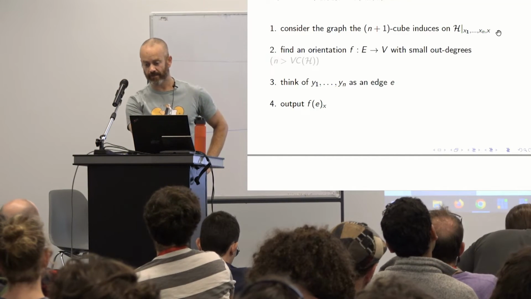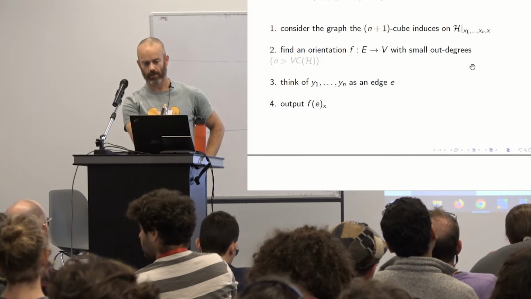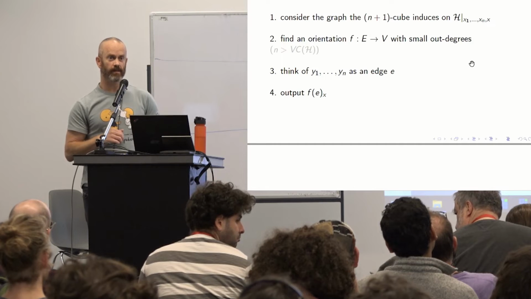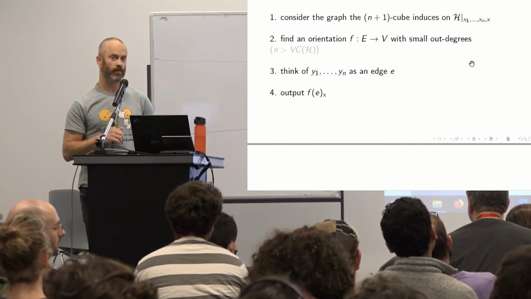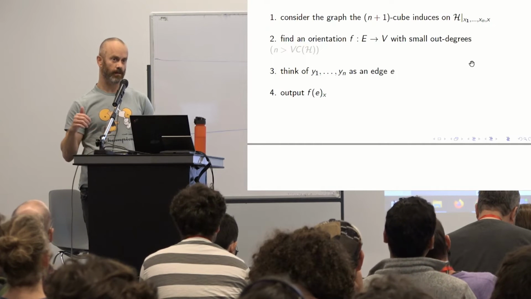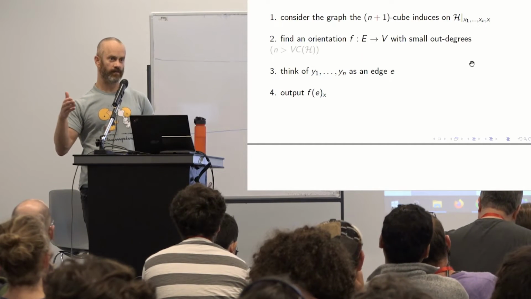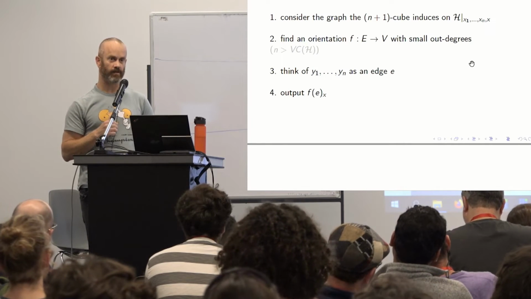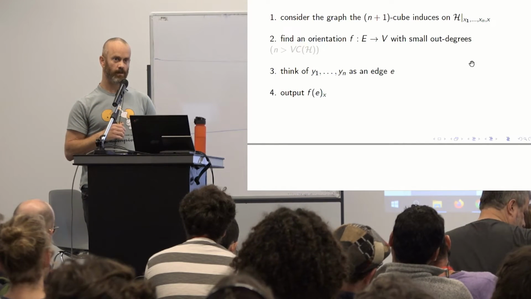And the last thing I want to tell you about: what can you say about this algorithm? So this algorithm is a PAC learner. This is the property. It's a learning algorithm. It learns H as long as the VC dimension is smaller than the sample complexity in some specific way.